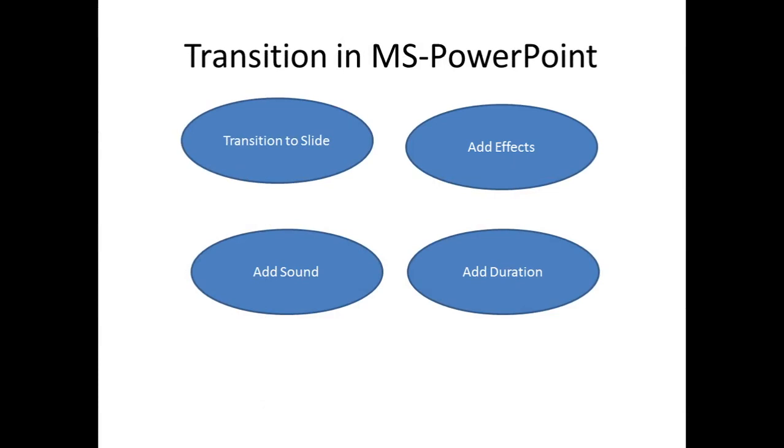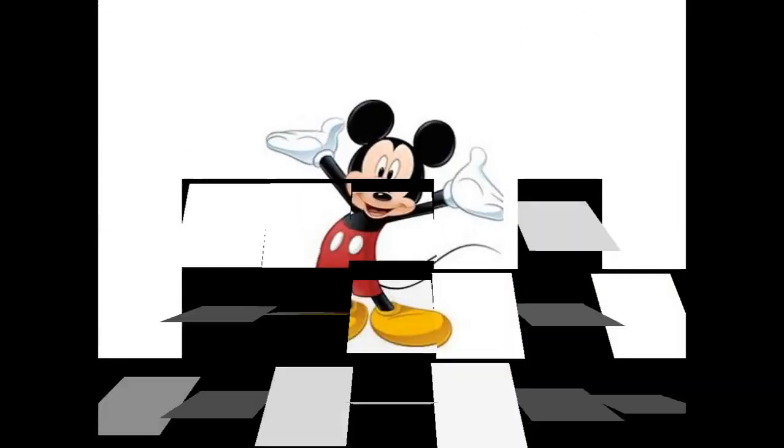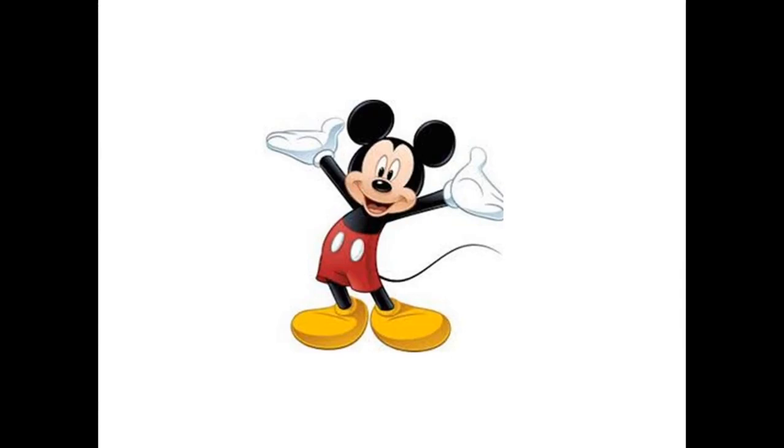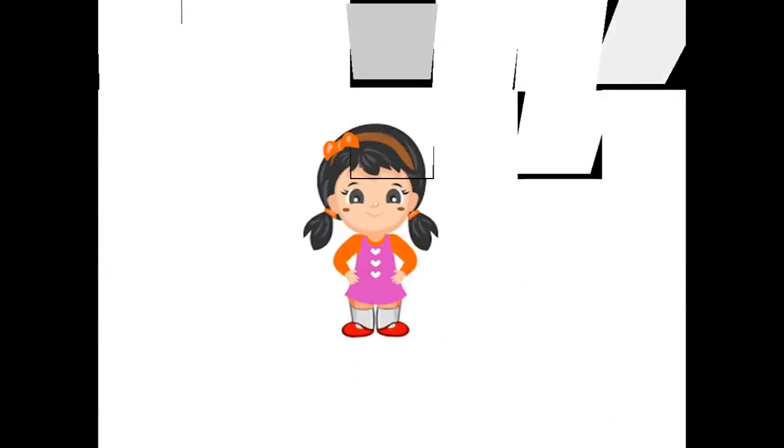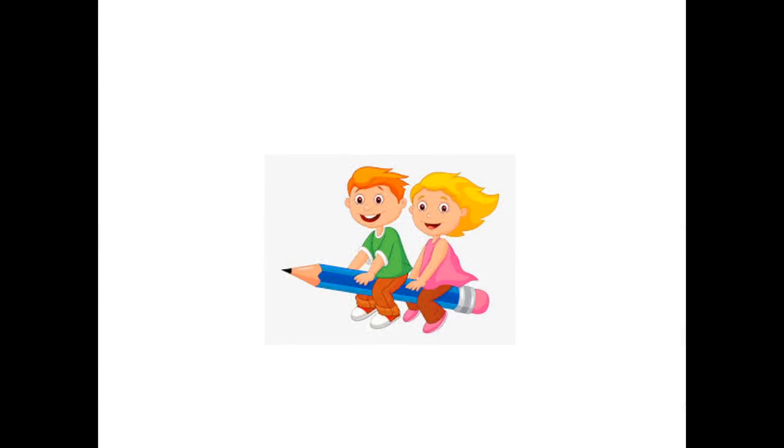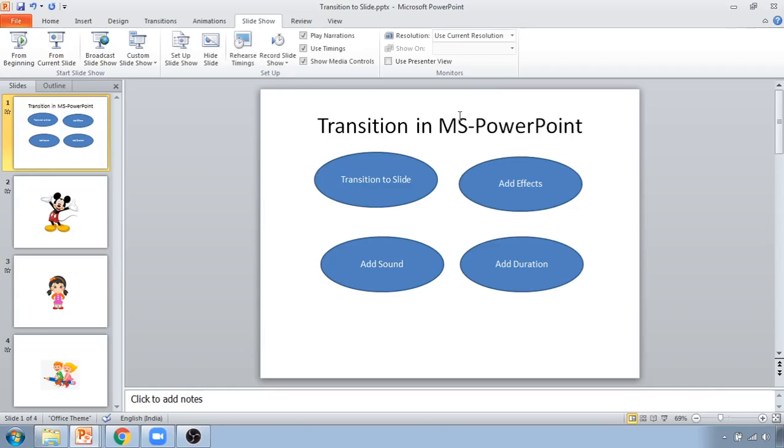Now here you can see they will change after the 2 seconds without a mouse click. Once they complete the PowerPoint presentation, the end of slideshow will appear on your screen.